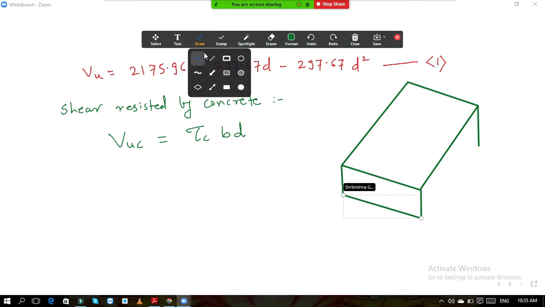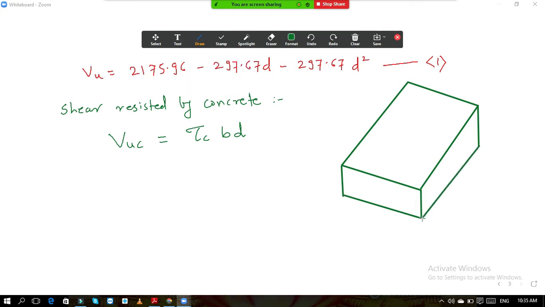How much area should be resisted by the concrete? Okay. And on this side, dotted line. Okay. Now this is our footing. Now see, this is the critical section. Okay. What I have drawn over here.